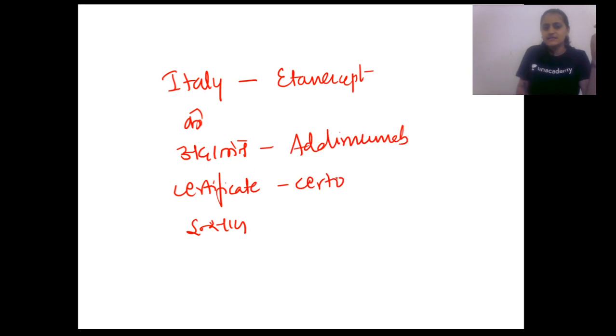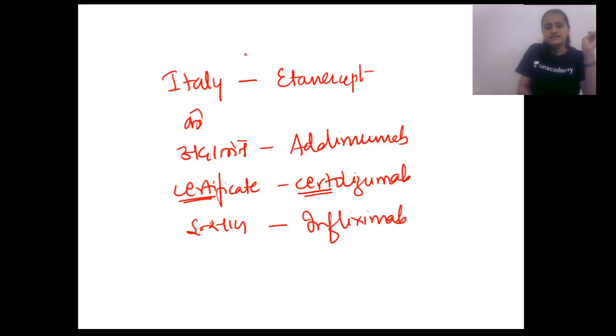Certificate means certolizumab. Do not get confused with cetuximab. It is certolizumab, not cetuximab. Insaf means infliximab. So these are your drugs against TNF alpha: etanercept, adalimumab, certolizumab, and infliximab.